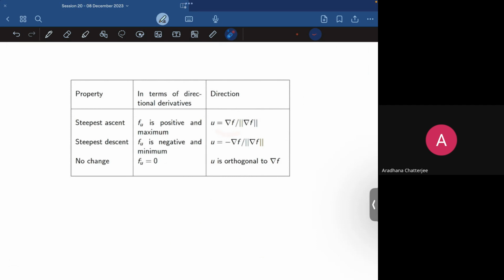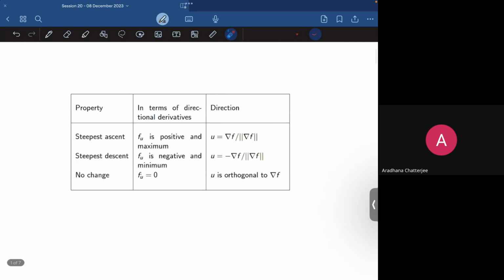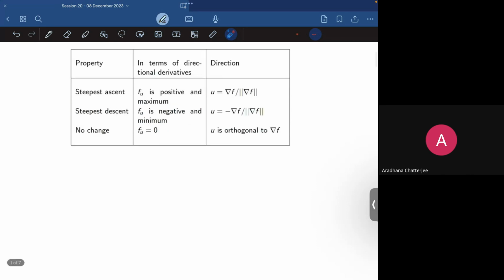And similarly, if you are minimizing the function, or you have steepest descent, then it's the same thing except you multiply by a minus sign in front. Okay. And suppose they're asking that there is no rate of change, so we are not looking for ascent or descent, then the directional derivative is 0. That means u is orthogonal to grad f. It's better to see some examples, so let's go to that first.